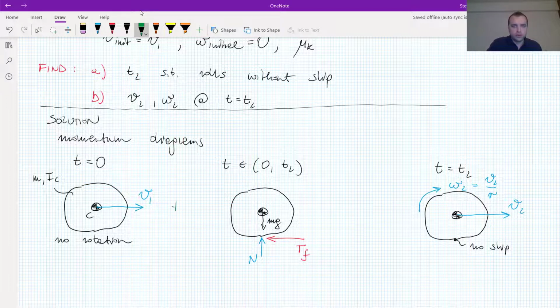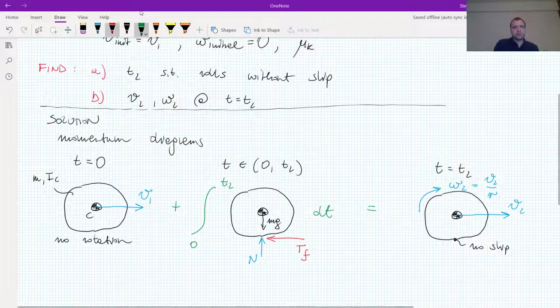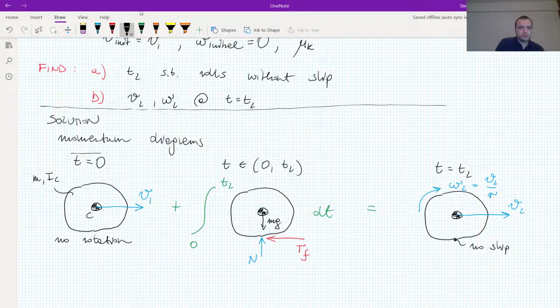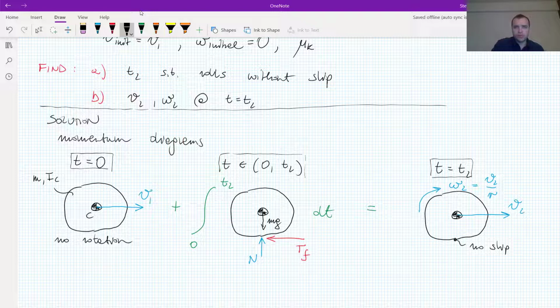Let's not forget about our integral. So we will have to integrate this from 0 to t2 dt. Great. I think we are done with our momentum diagrams. We know what happens at the beginning, we know what happens in the end, and we know what happens in between these two time instants.